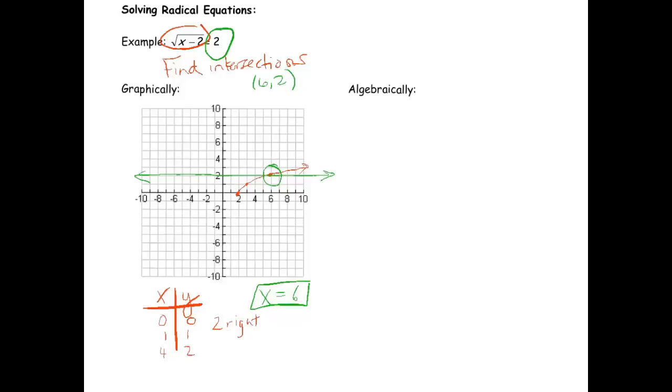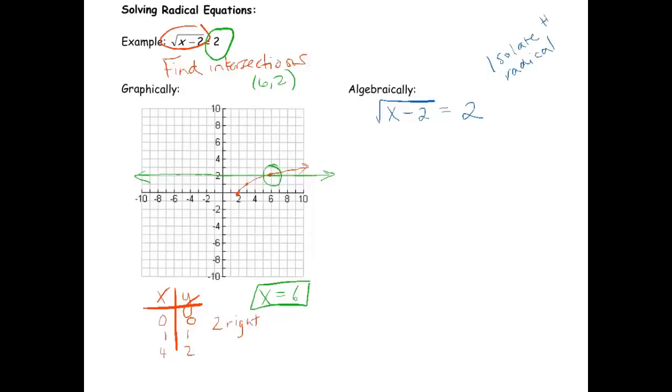So let me just rewrite the question. Okay, so when you're solving for x and there is a square root in the problem, you want to get the square root by itself. I'm going to call that isolating the square root. We want to isolate the radical, as it's also called.